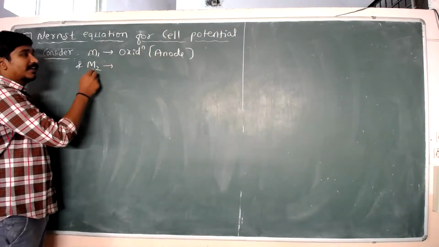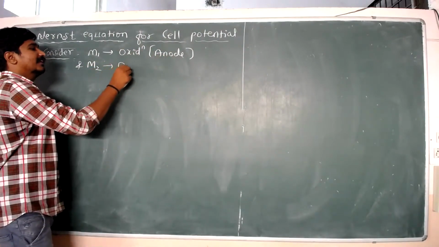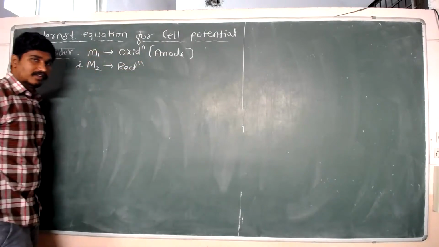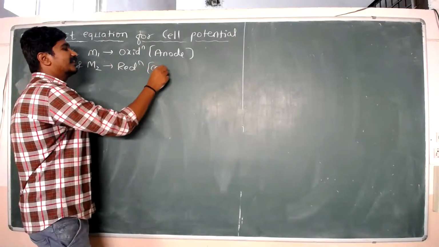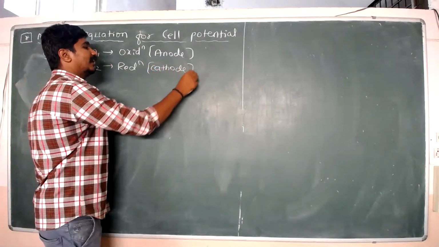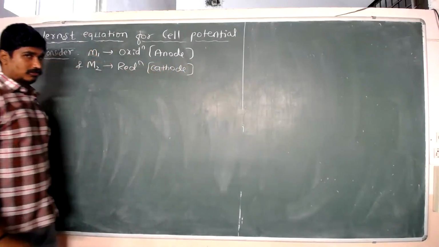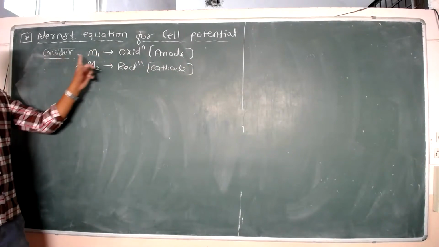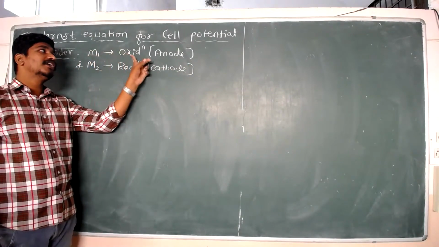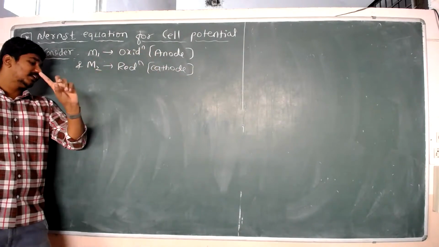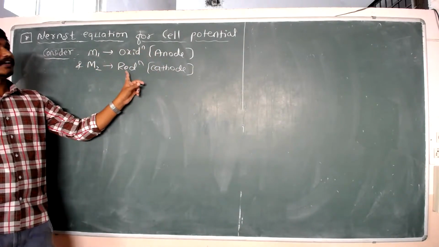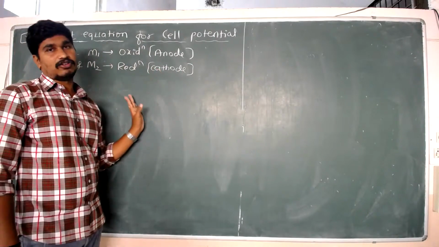This M2, metal 2, another metal, is undergoing reduction. Reduction always occurs at the cathode. Reduction at cathode. Now just consider M1 is the metal which undergoes oxidation, that is, it is acting as anode, and M2 is another metal which undergoes reduction, that is acting as cathode.